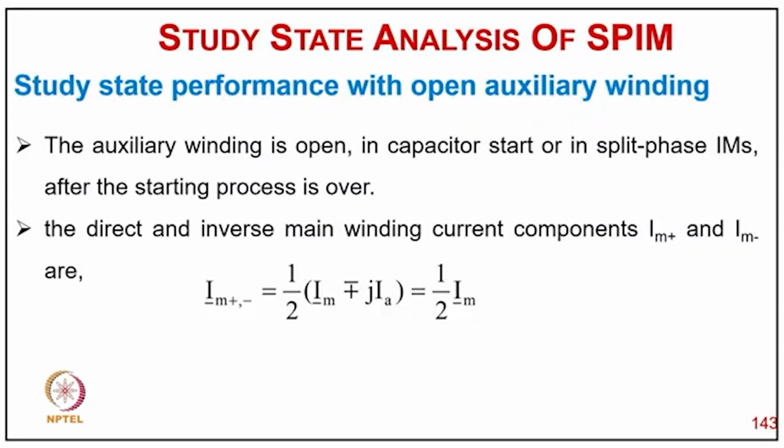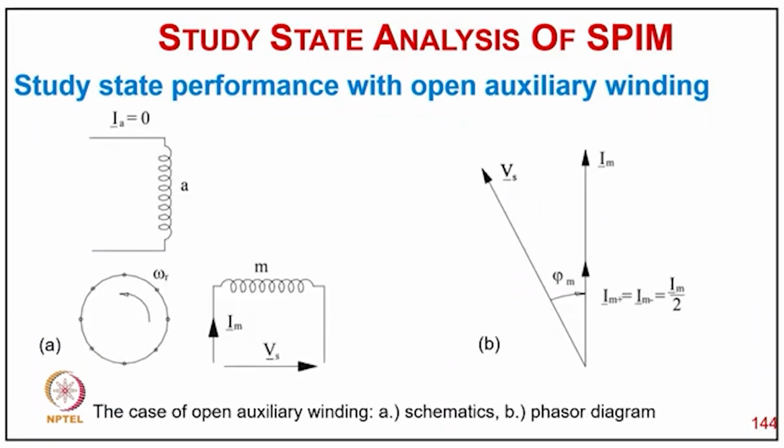So coming to steady state performance with the open auxiliary winding, the auxiliary winding is open in the capacitor start or split phase induction motor and the starting process is over. The direct and inverse winding current components Im plus and Im minus are equal to half in bracket Im plus j Ia, and half Im.